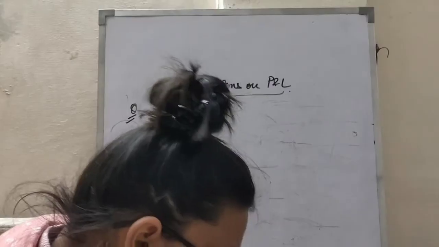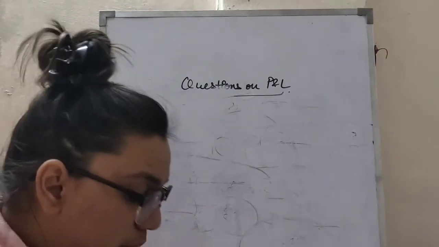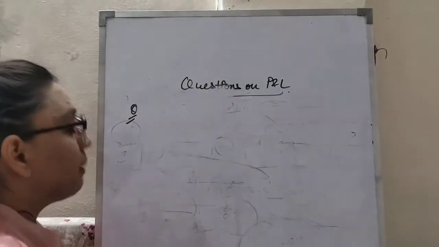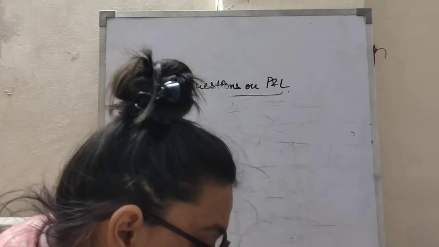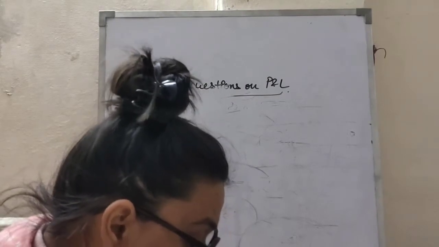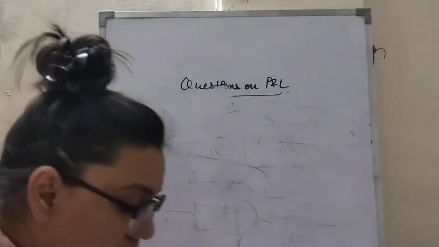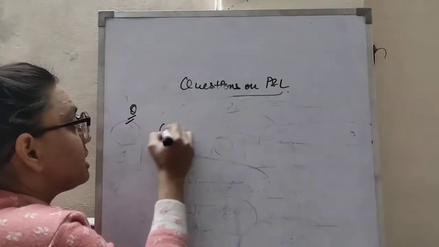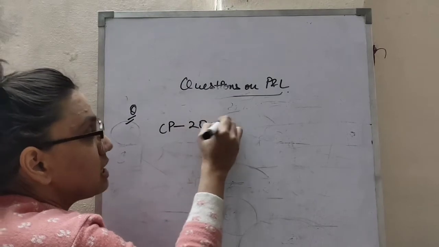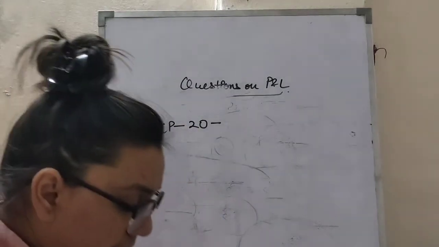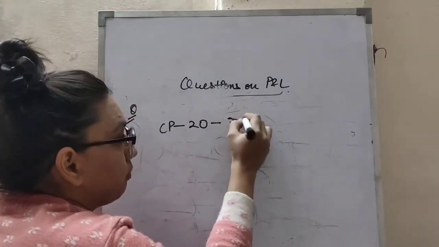Let me take this: a person bought an article at 24 rupees. Then he must sell for how many for a rupee to gain 25%. Now what is he saying? CP of 20 articles, he is saying that it is rupees 1.